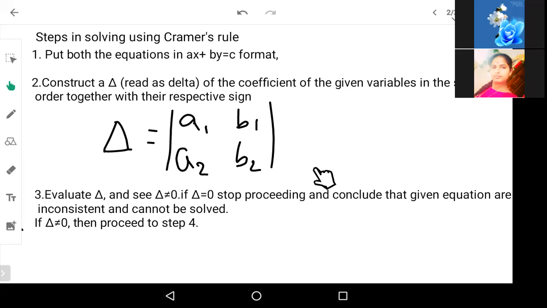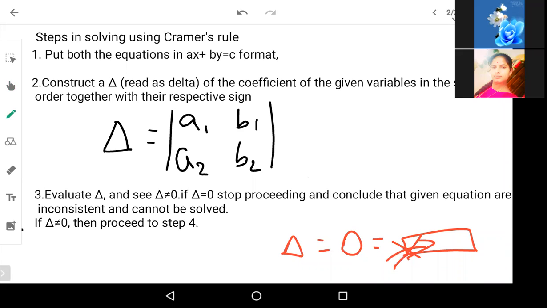Now once you get the answer of delta, you have to check one condition. Whether the answer for delta is equal to 0 or not equal to 0. If the delta value is equal to 0, then we cannot go to the next procedure.